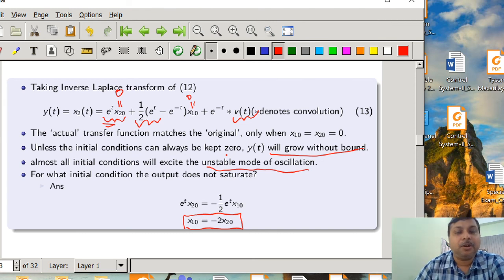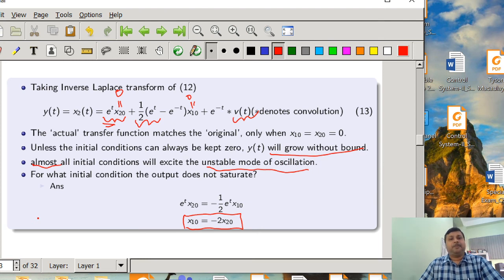For all other initial conditions the output is going to be unbounded. That's why it is written almost all: except this one, almost all initial conditions will excite the unstable mode of oscillation.